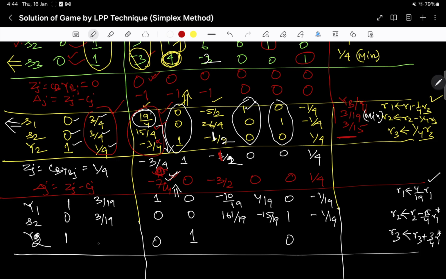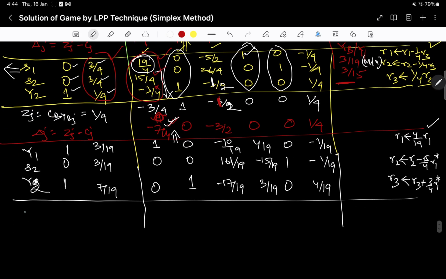Similarly, my final row will be 7 by 19, 0 and 1, minus 17 by 19, 161, so now this will be 3 by 19, 0, and 4 by 19. Okay, so accordingly I have to calculate ZJ. ZJ is my CB times YBJ, which means I multiply this into this, plus this into this, plus this into this, 10 by 19 here.